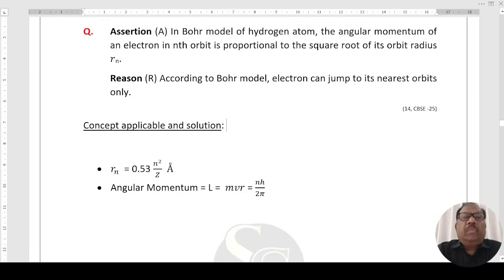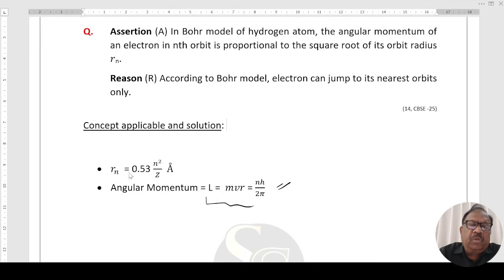Question is, assertion is, in the Bohr model of atoms, angular momentum for an electron in an orbit is proportional to the square root of the orbital radius. Reason: according to the Bohr model, an electron can jump to its nearest orbit. We know angular momentum is given by mvr equal to an integral multiple of h upon 2 pi.